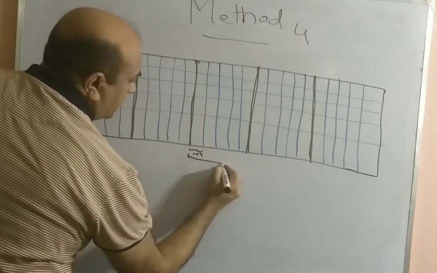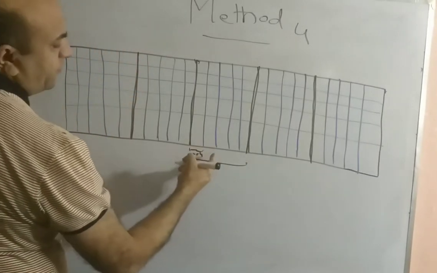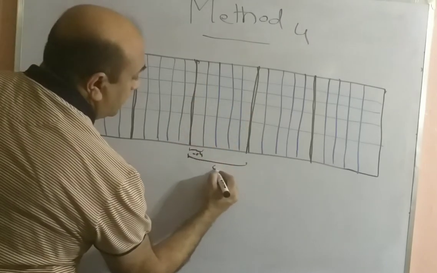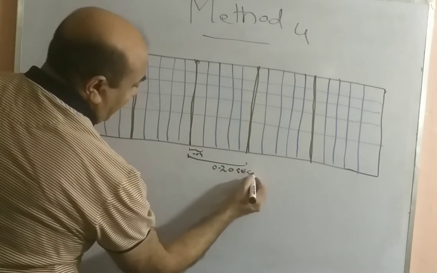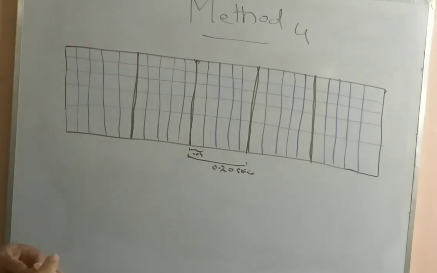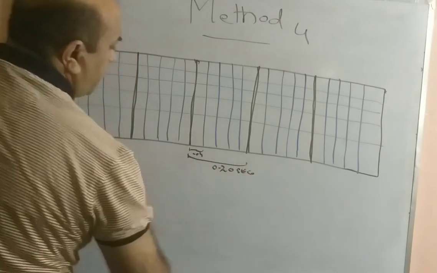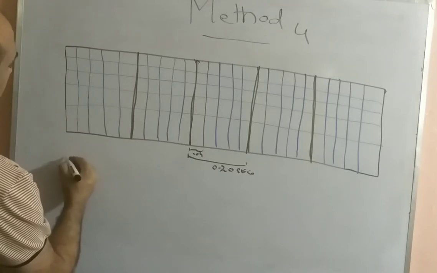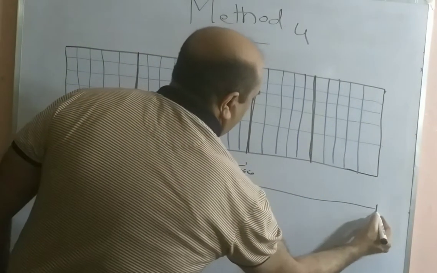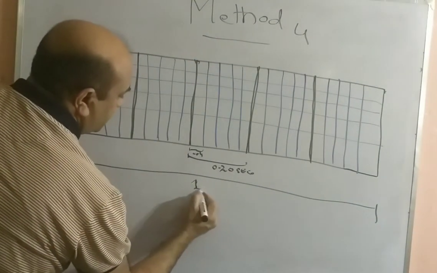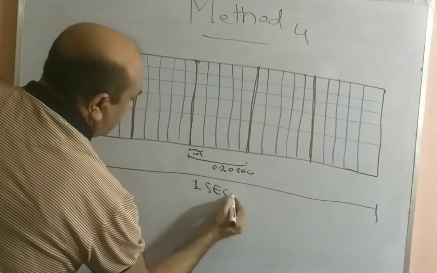Duration of one large box is 0.04 into 5, 0.20 second. And duration of 5 large boxes will be 5 into 0.20 second, it would become 1 second. So duration of 5 large boxes is 1 second.